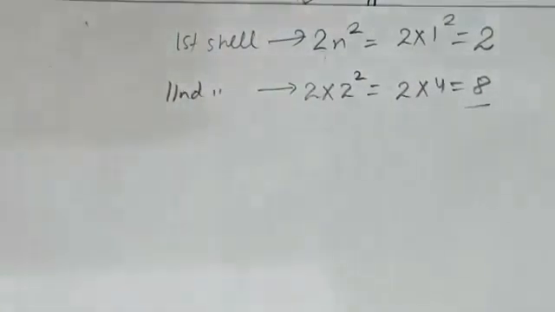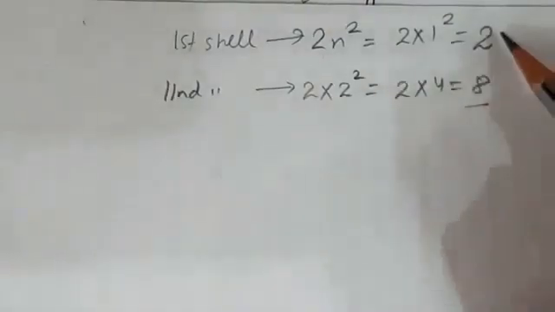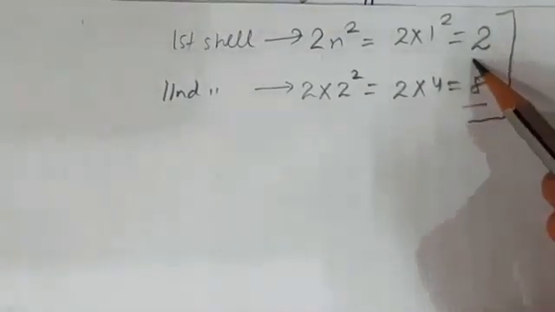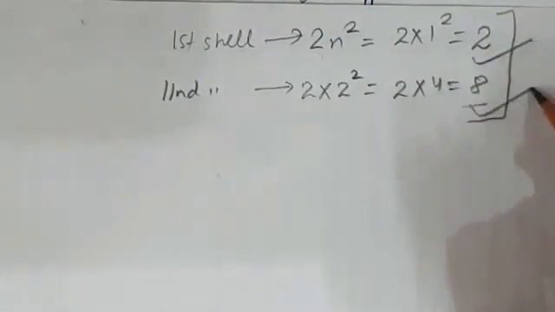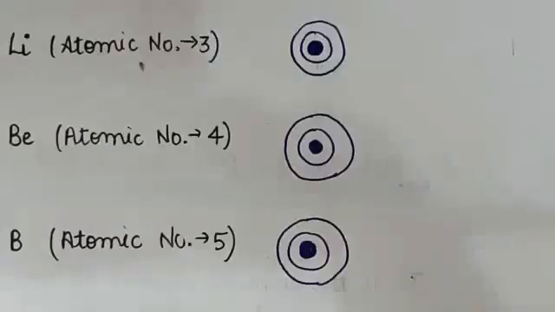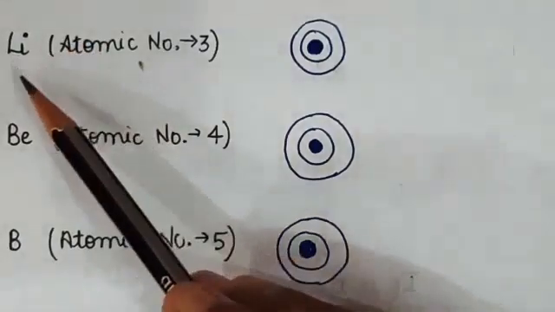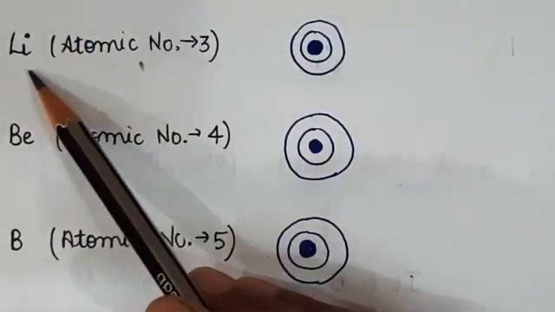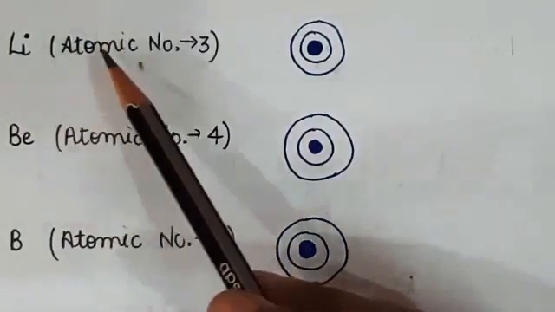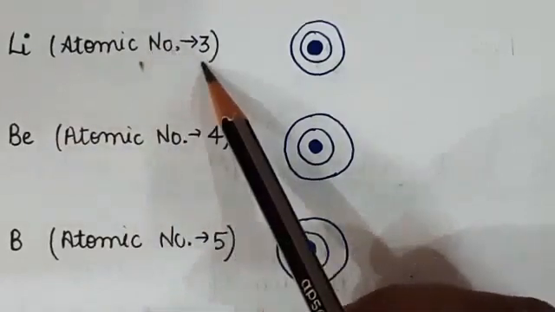So keep this in mind: 2 electrons in the first shell, 8 electrons in the second shell. Now let us take an example. First example is lithium. What is the atomic number of lithium? The atomic number is 3.